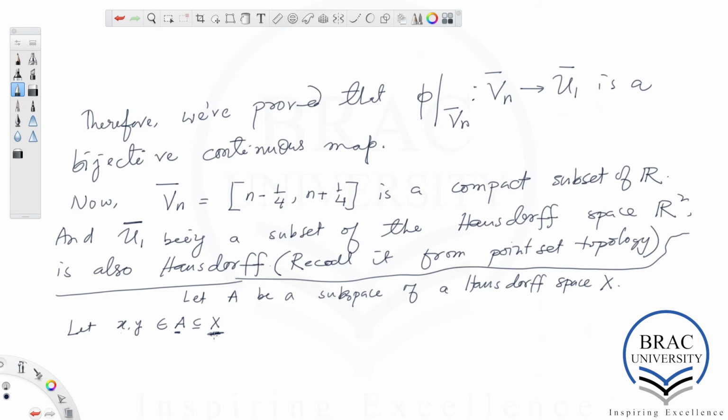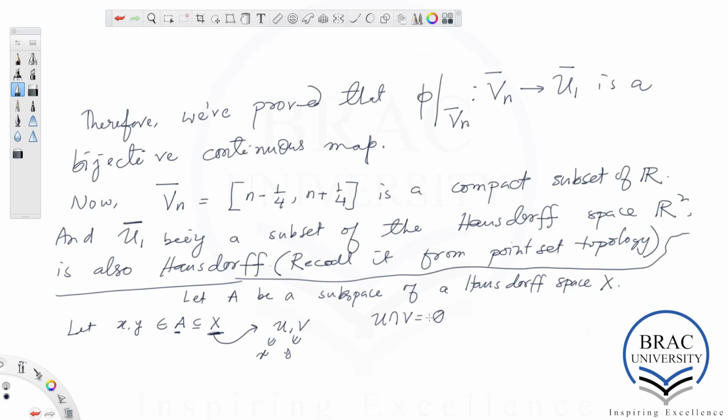Which means that there are disjoint open sets U and V, so that x is contained in U and y is contained in V, and the intersection of U and V is the empty set.